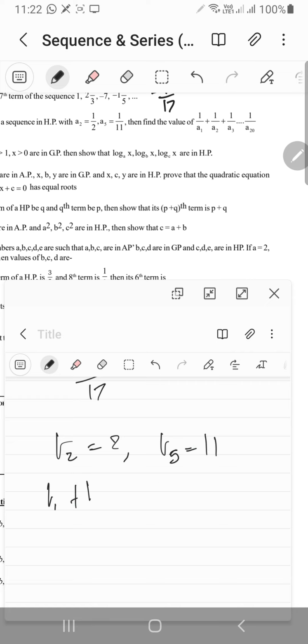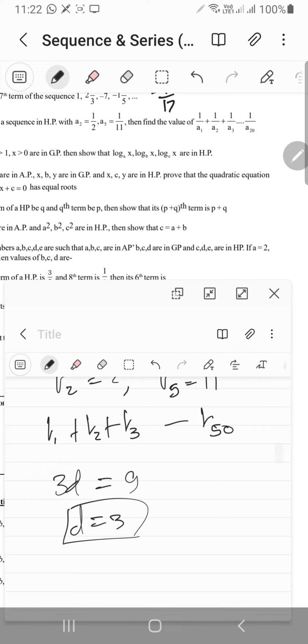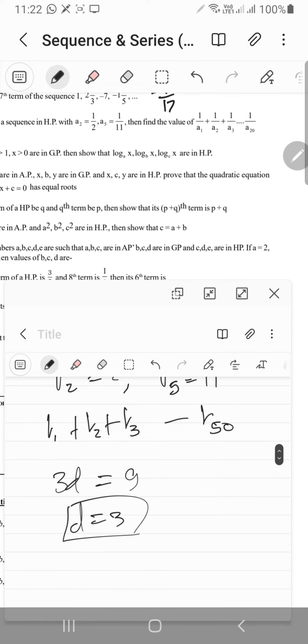Just want B1 plus B2 plus B3 all the way to B20. Cool. So you can find what difference is. So 2 to 5, that's 3 jumps, I think. So it's 3d of difference. That will be 9. So difference is 3. There you go. Do a jump backwards. So B1, that will be -1.